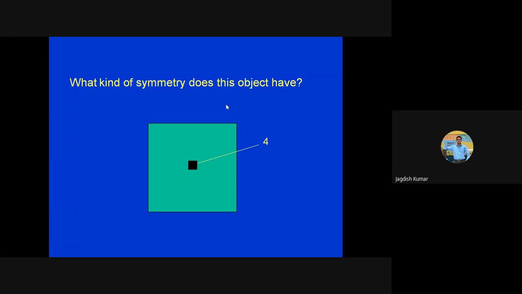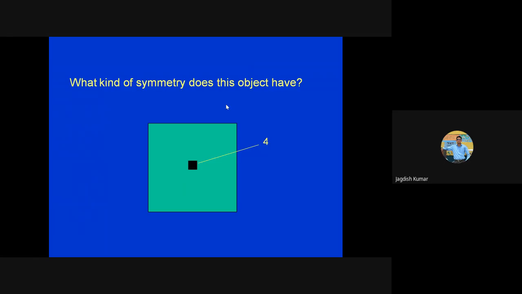What do we mean by a four-fold rotational axis of symmetry? If any figure is rotated by an angle 2 pi by n, where n is an integer, and that 2 pi by n rotation is a symmetry operation, then we say that the object has an n-fold rotational symmetry axis.